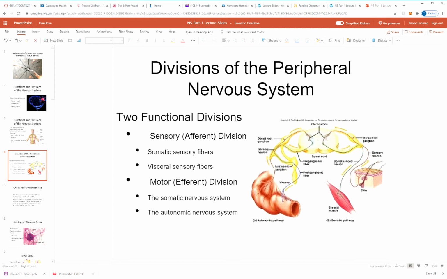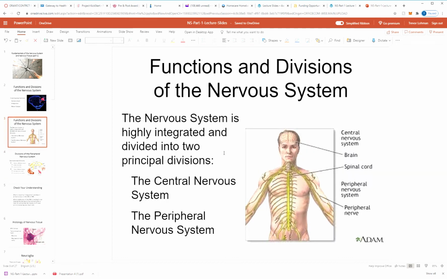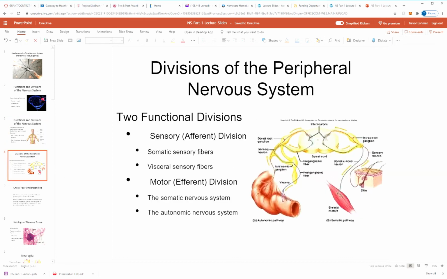So this was an anatomical differentiation, central and peripheral. This is a functional differentiation. So we're saying that in addition to having 2 anatomical divisions, central and peripheral, we also have 2 functional divisions, sensory and motor, also called afferent and efferent. I prefer sensory and motor, so for obvious reasons.